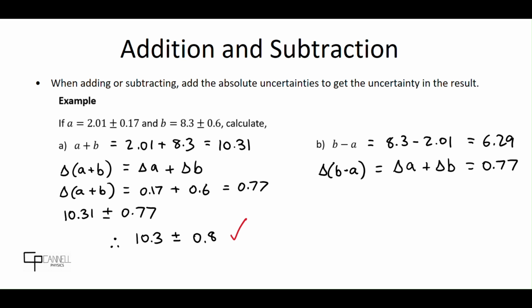So writing this out, we have 6.29 plus or minus 0.77. And again, we have the same problem here. We have two significant figures for the uncertainty, and the first digit's not a 1 or a 2. So we must round that to 0.8 again. And one decimal place in the uncertainty means one decimal place for the final answer as well. So we round that to 6.3. And that's it.